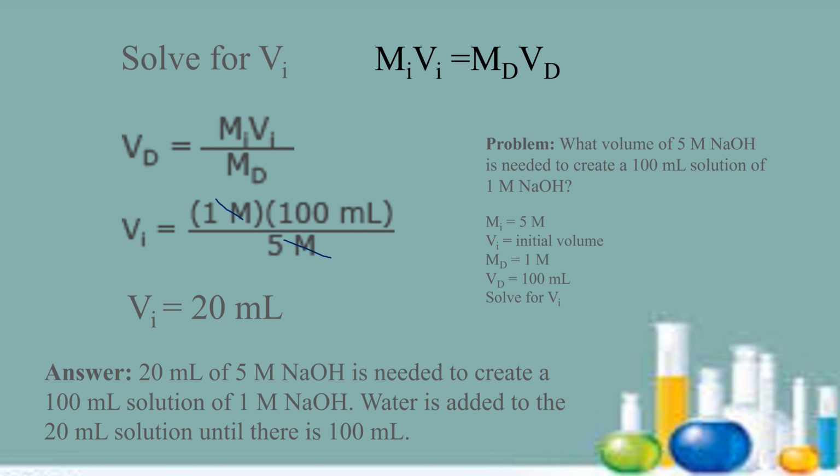This is telling us that 20 milliliters of 5 molar sodium hydroxide is needed to create a 100 milliliter solution of 1 molar sodium hydroxide. So we're going to start off with the 20 milliliters of sodium hydroxide, and we're going to add water until we get to 100 milliliters. So we're going to have to add 80 milliliters of water.